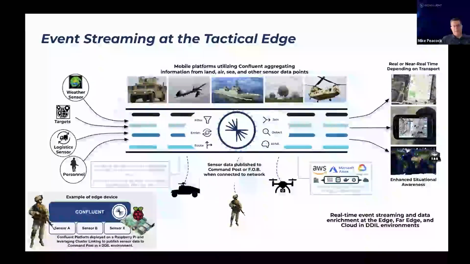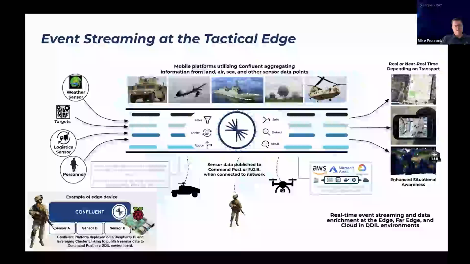And the last one before I dive into more of what we're doing with Databricks is an Army use case. In this case, we had Confluent running on another AWS Snowball-like device at a command post. We had Confluent deployed on a Raspberry Pi-like device that was being soldier worn, and they were collecting any information as they went out on mission. In this case, it was DDIL, right?